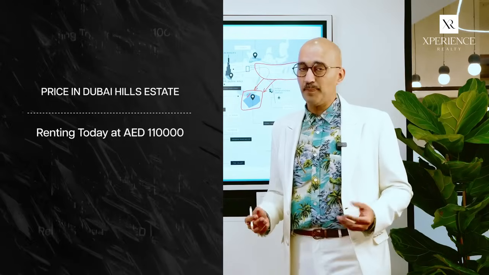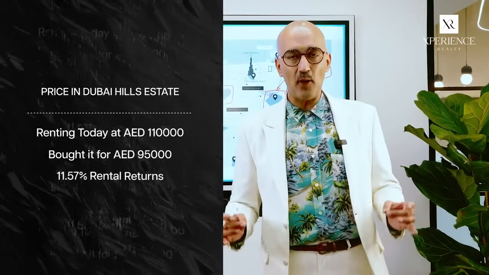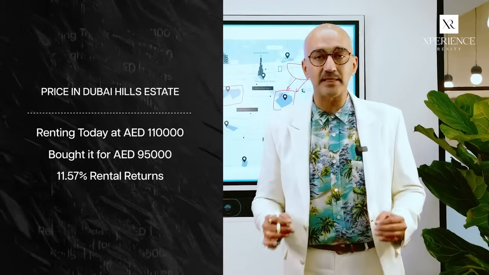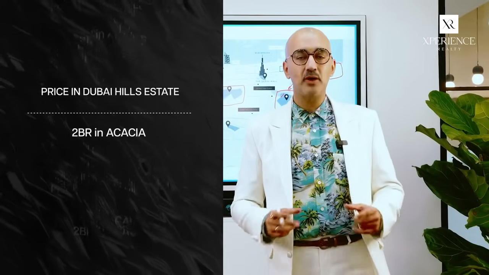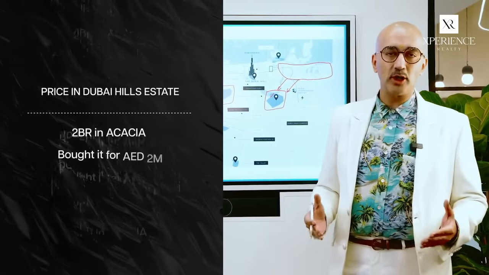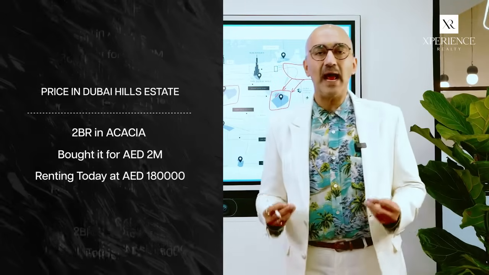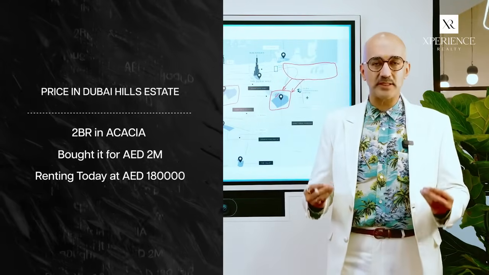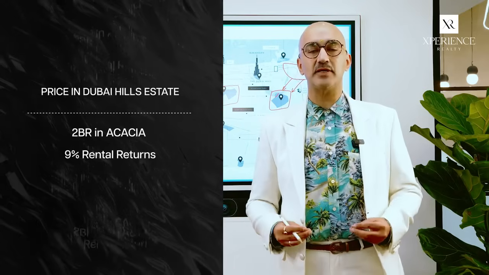Not so long ago, people bought it for 950,000, which means 11.57% rental returns. A two-bedroom in Acacia on the park, bought at 2 million dirhams, is renting today at 180,000 dirhams a year. Again, a 9% rental return.